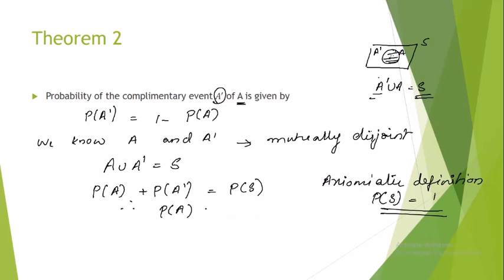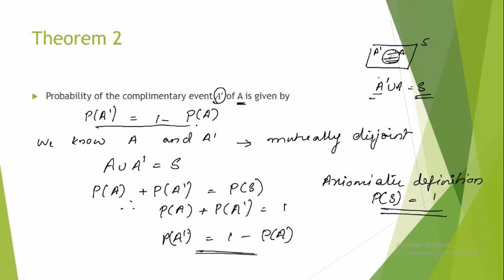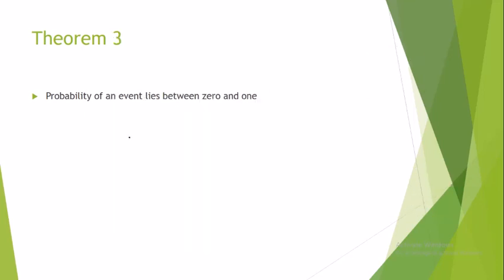That is a sure event. So probability of A plus probability of A complement is equal to 1. Then probability of A complement is equal to 1 minus probability of A. So we have got our theorem proved. Okay.